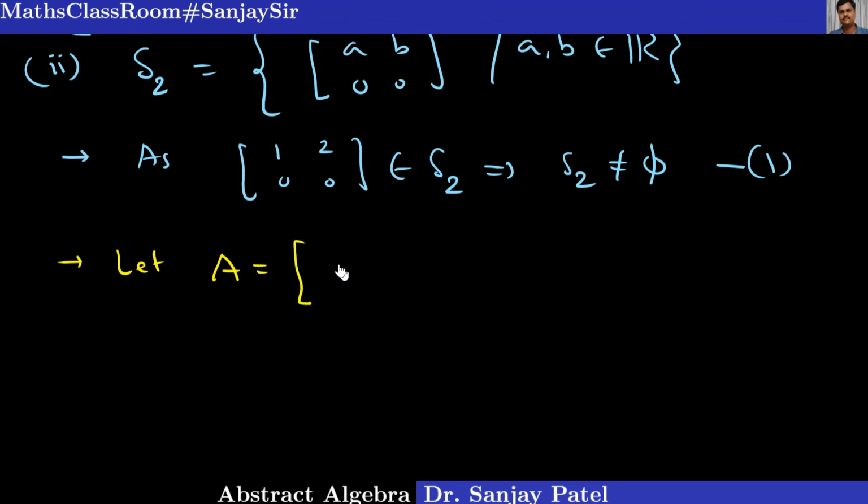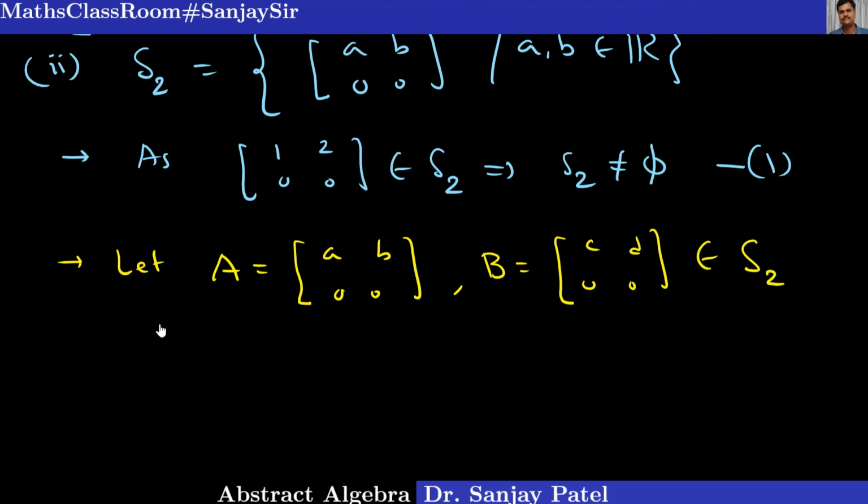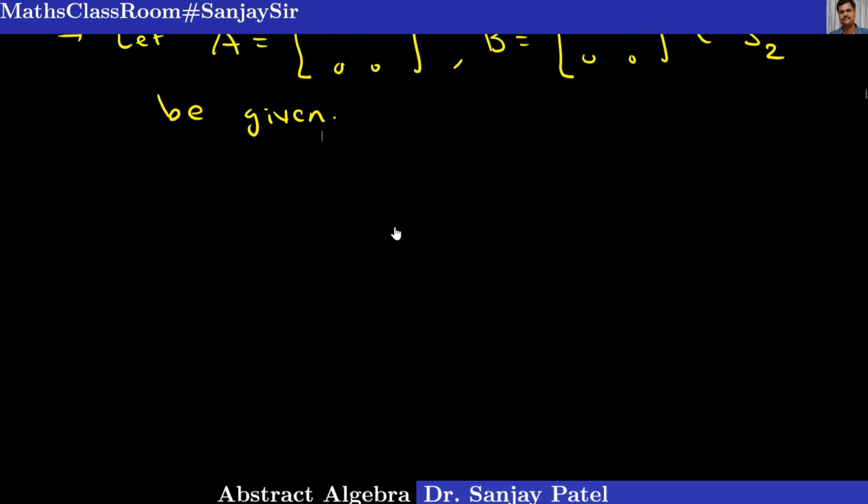So let capital A be one such matrix, [A, B; 0, 0], and another matrix B, again from S2, say [C, D; 0, 0]. Both belong to S2, any two matrices.